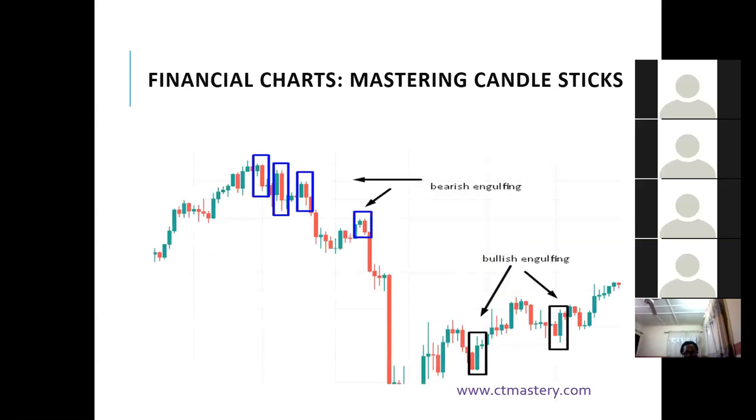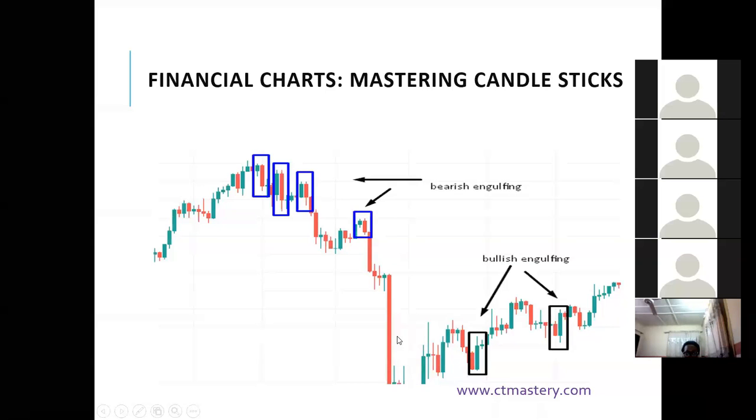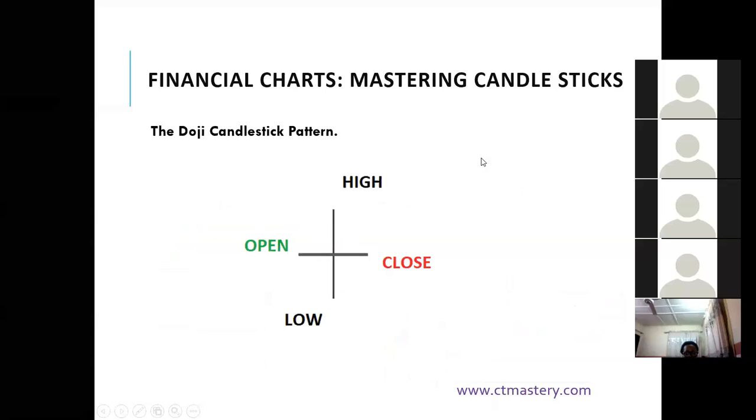The example here is that we see this trend going up, then we see this candle, this candle, this candle. They are all bearish engulfing candles, and what we notice is the market crashed. All right, and you can also see here that this is bullish engulfing, and the market starts rising again. So that is that for the bullish and the bearish engulfing candlestick pattern.